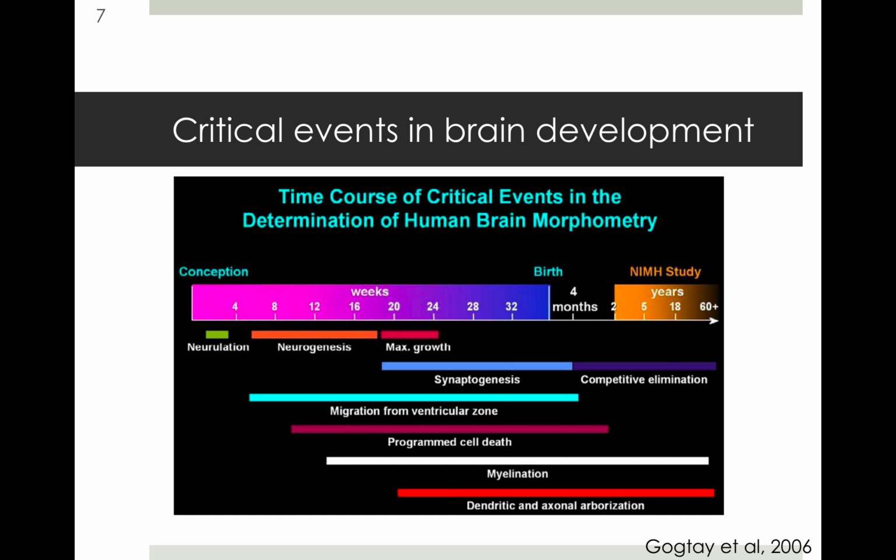So this is quite a general overview of a lot of the events that go on throughout our lives. Right? So from the moment of conception through being born and late in your life, there's actually been more and more studies that have looked at normal brain development.